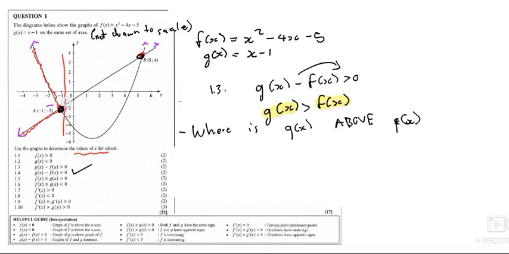And then here, check one thing. The straight line is above, but look at below, up until that particular point. Because after that point, the parabola comes back above again.